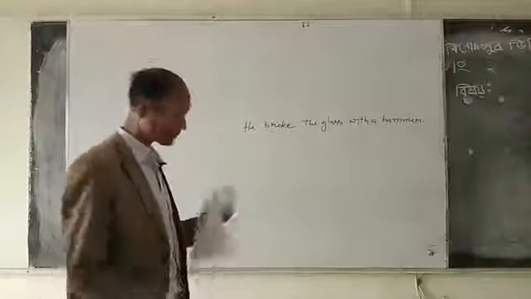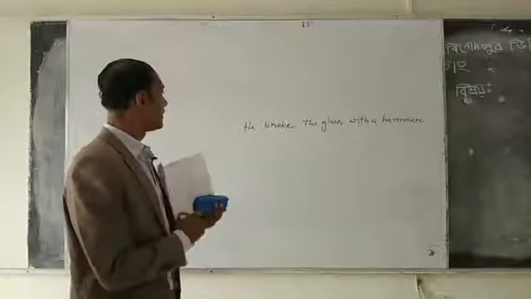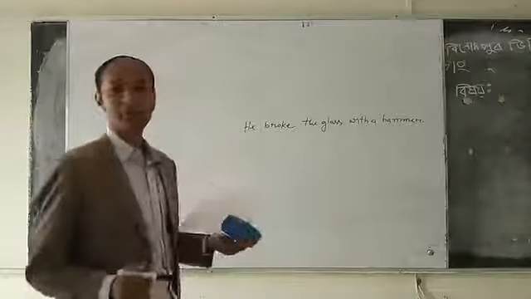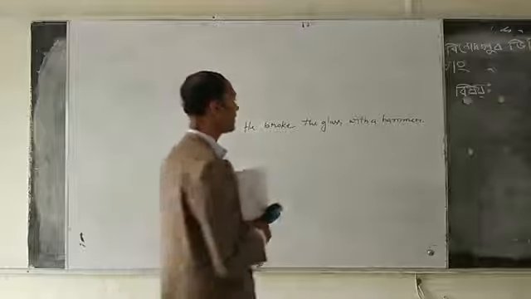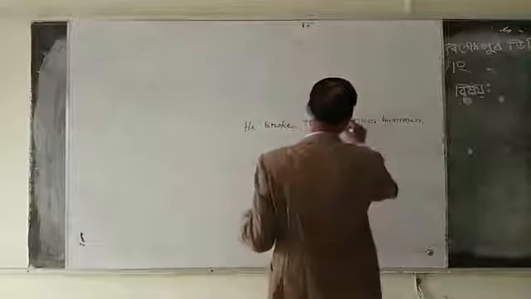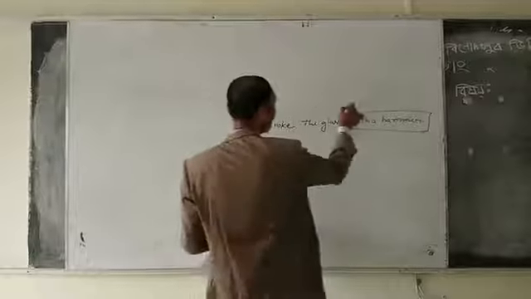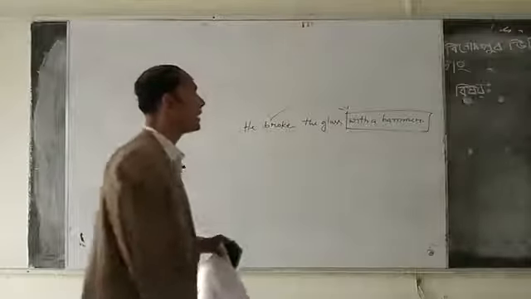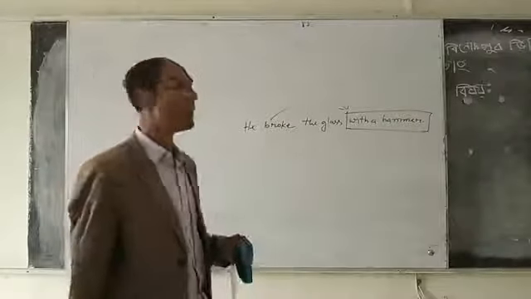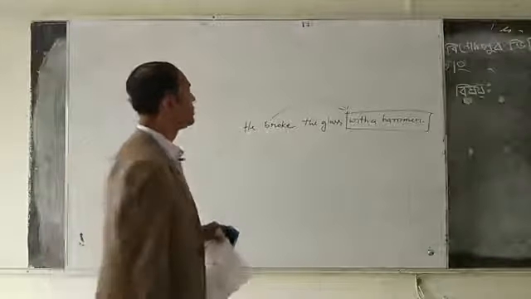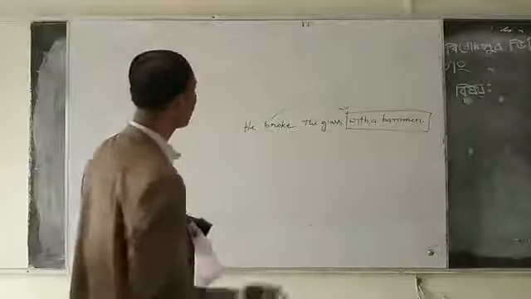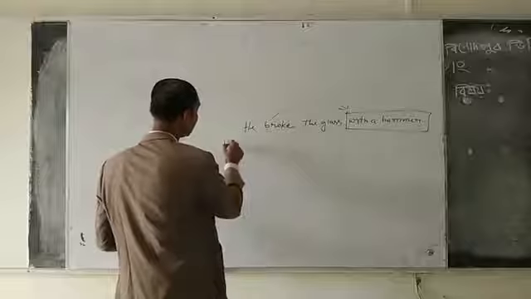Okay? In this sentence, we get information about manner. Okay? Manner, that means way of action. He broke the glass with a hammer. So we will use how as the WH word.